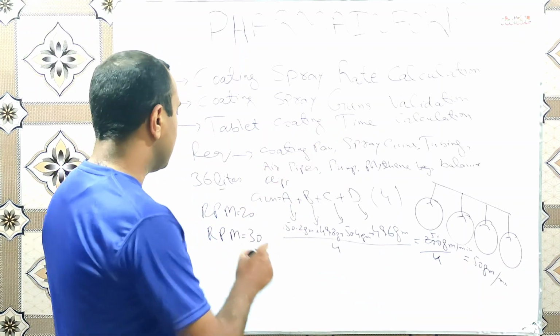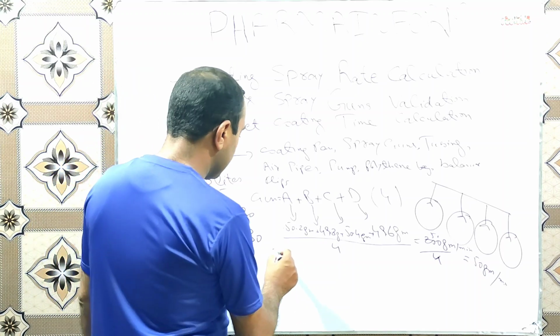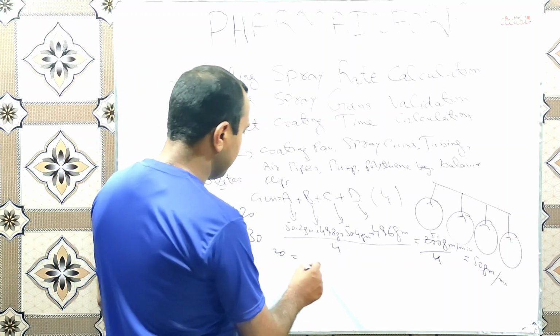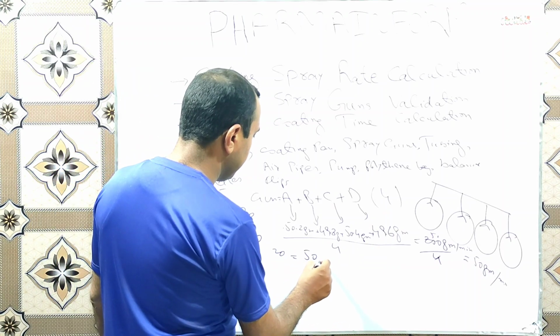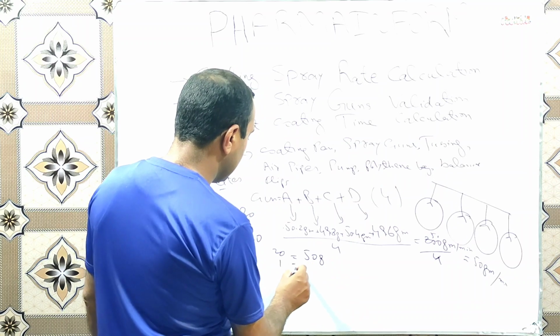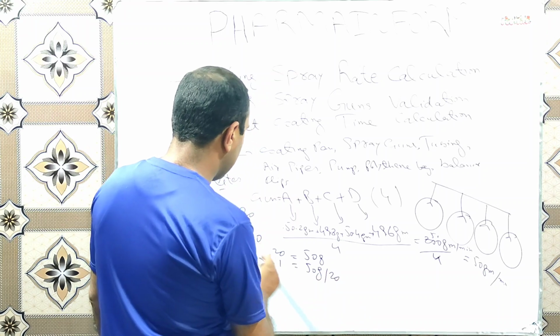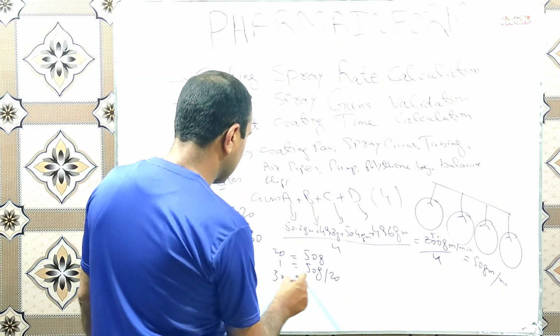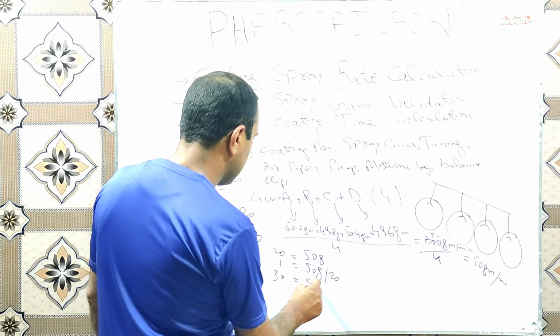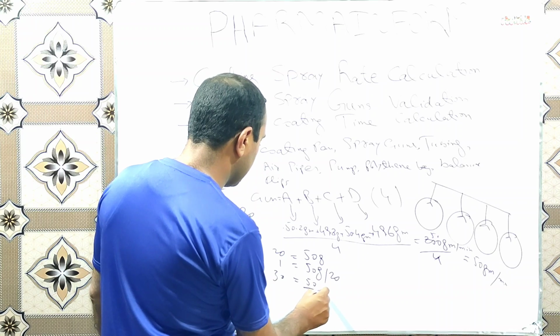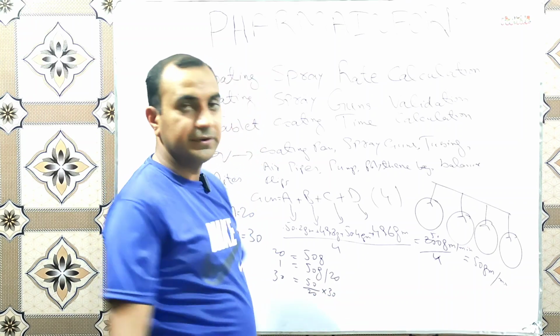Simply we will use the unit rule. At 20 RPM we have 50 gram per minute. At 1 RPM it is 50 gram over 20, and at 30 RPM we will have 50 over 20 into 30.